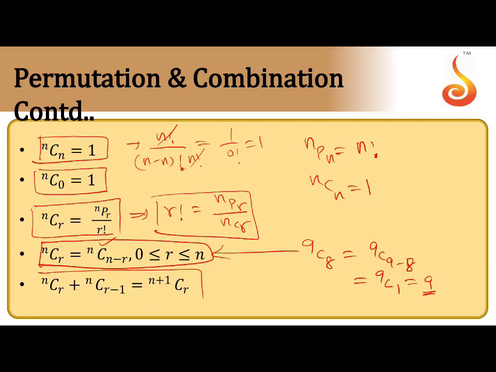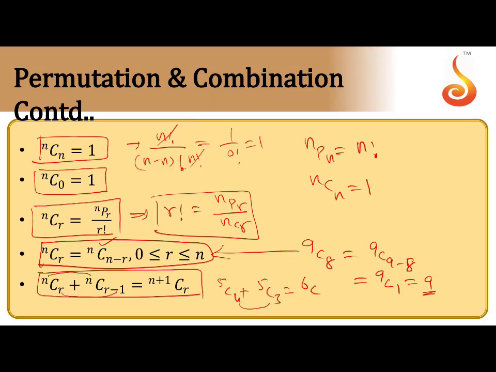Next, another important property: nCr plus nC(r minus 1) is (n plus 1)Cr. What you observe is that n is the same and the two r values differ by 1. In that case, the entire value is (n plus 1)Cr. So when you have to apply this formula, say there is 5C4 plus 5C3. The sum of these two becomes 6C, because n becomes n plus 1.